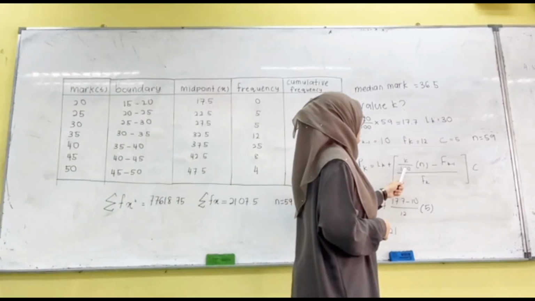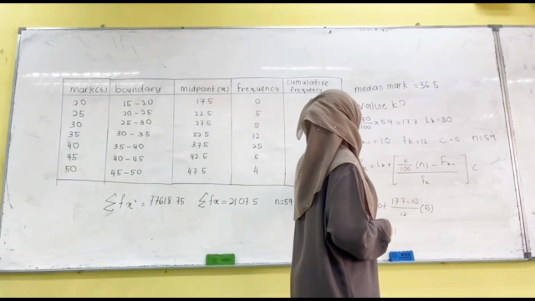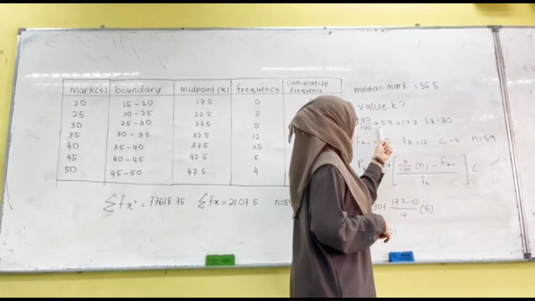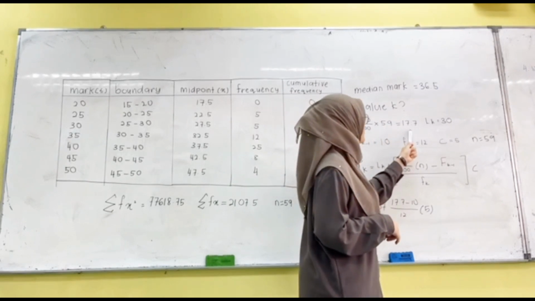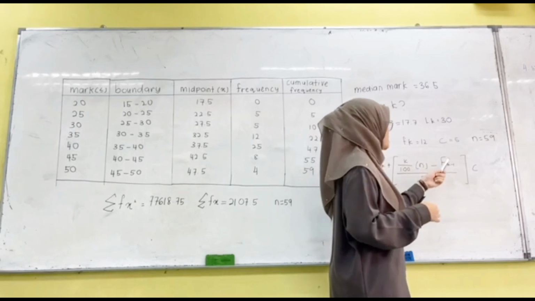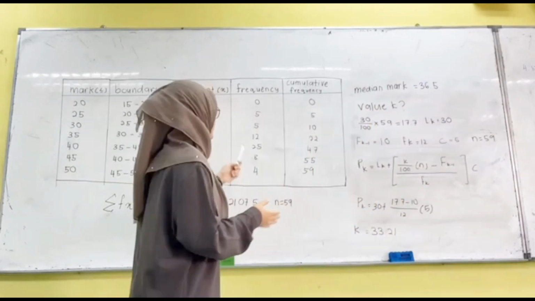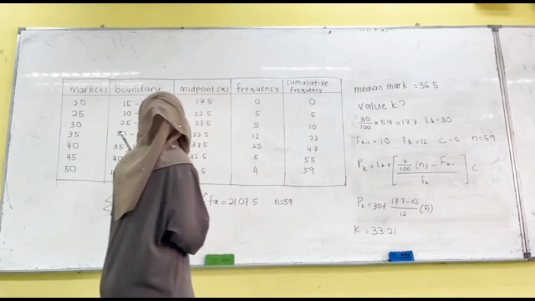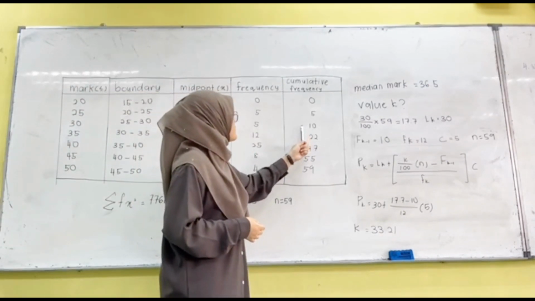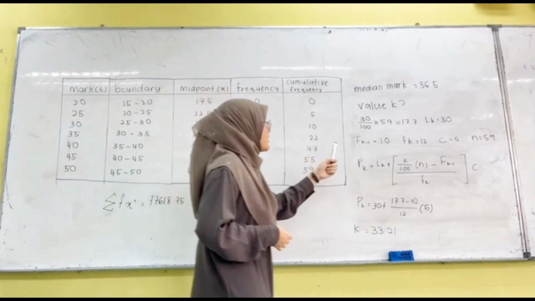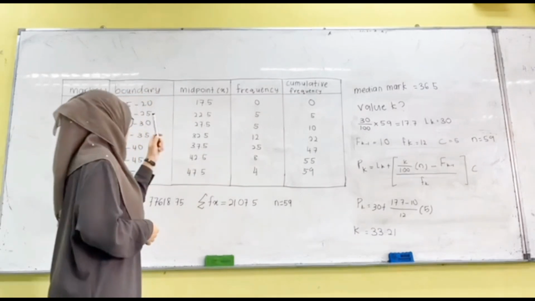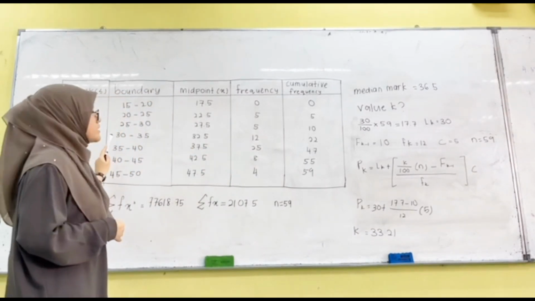Then k over 100 multiplied by n is equal to 30 divided by 100 multiplied by 59, we will get 17.7. Next, this is the cumulative frequency before the class. Since we choose this lower boundary, we have to choose the cumulative frequency before, which is 10. Then the frequency is 12 because we get this from lower boundary 30.